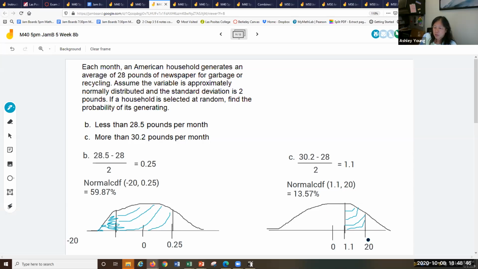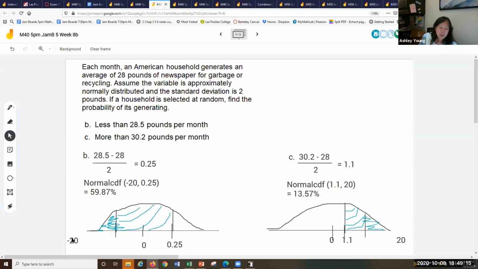And same thing over here. This goes all the way to the end, because 20 is really way, way, way out here. Good.